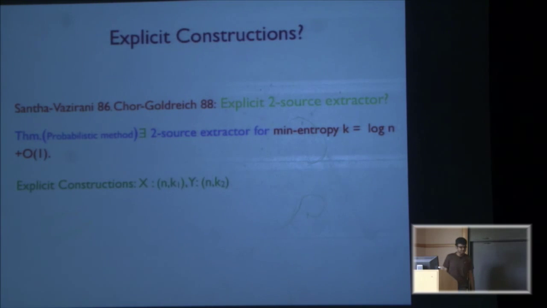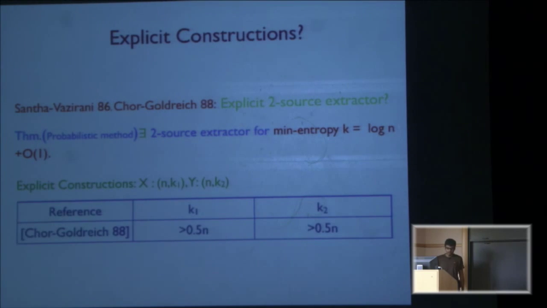And for explicit constructions, let x have min-entropy k1 and y have min-entropy k2. Then Chor and Goldreich, using the classical Lindsey's lemma, showed that the inner product function is an extractor for min-entropy rate anything larger than 1/2.